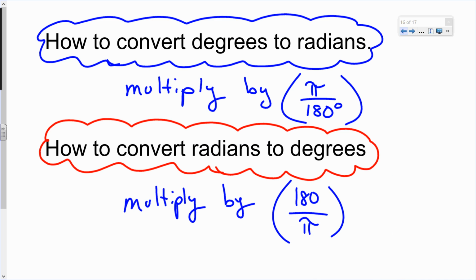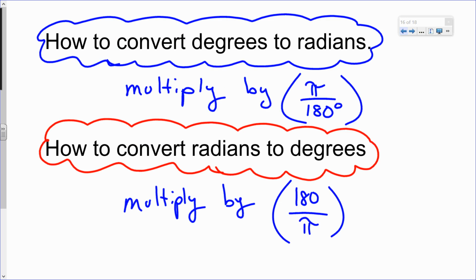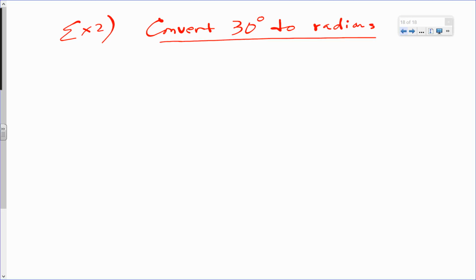Try example 2. Convert 30 degrees to radians.